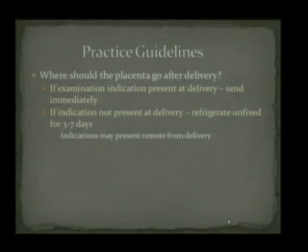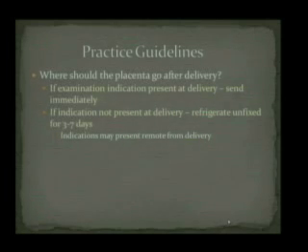So where should the placenta go after delivery? If you look at it during the delivery and any one of those indications for examination is present at delivery and you know it, you just tell them to send it, and the nurses usually take care of it, and they'll get it where it needs to go.